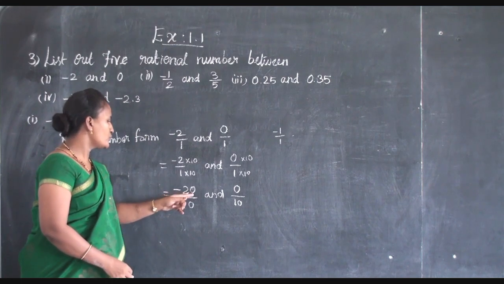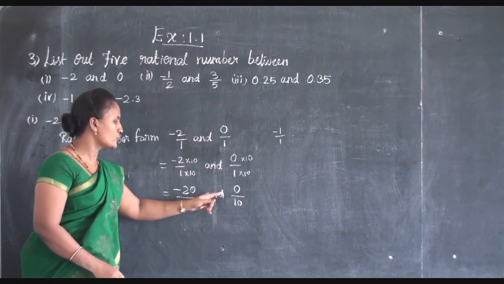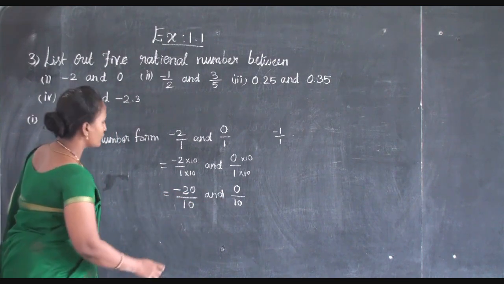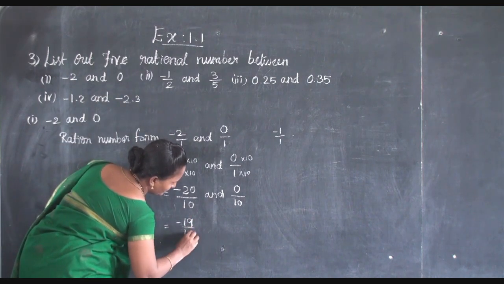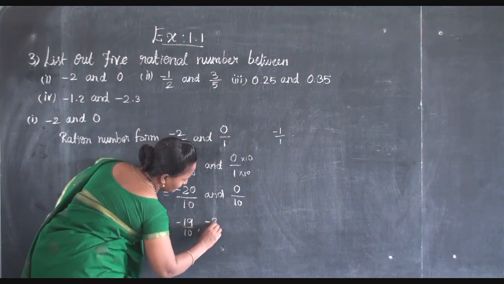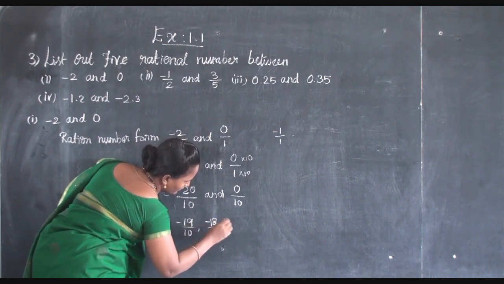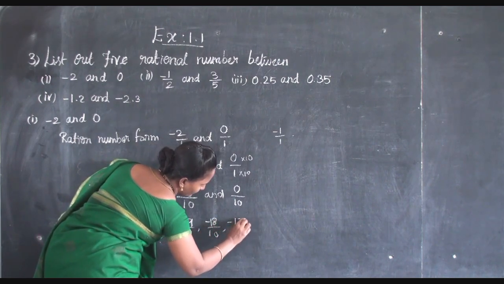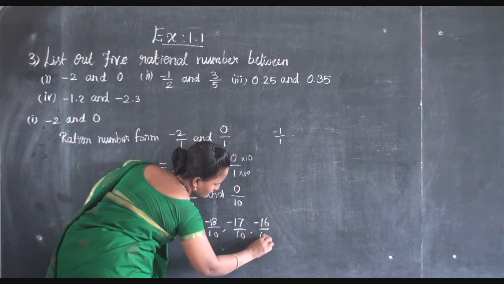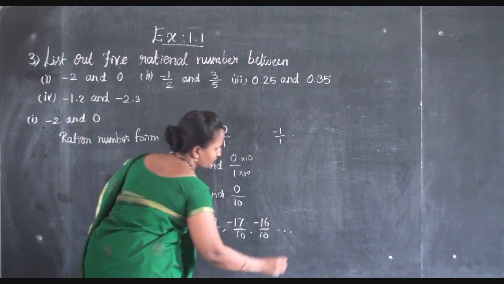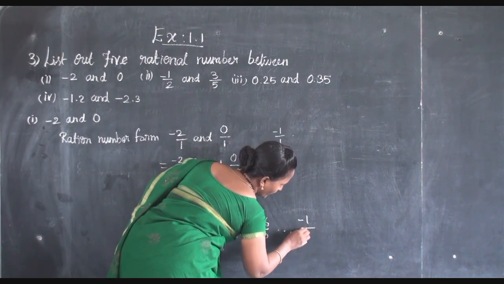Between minus 20 by 10 and 0 by 10, so many numbers are there: minus 19 by 10, minus 18 by 10, minus 17 by 10, minus 16 by 10, minus 15 by 10.